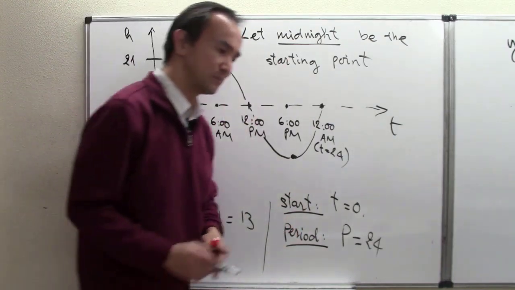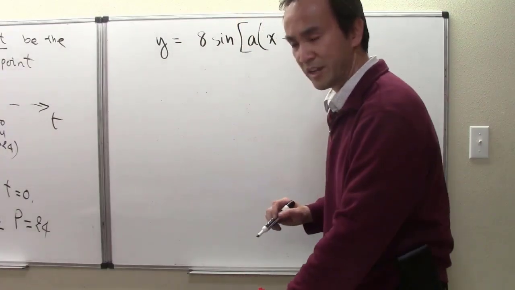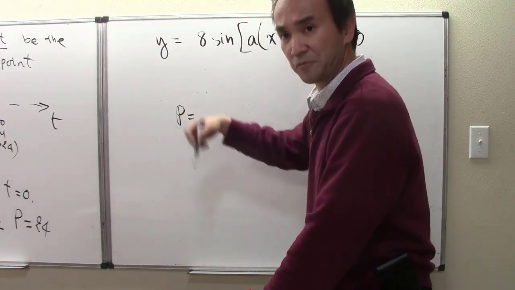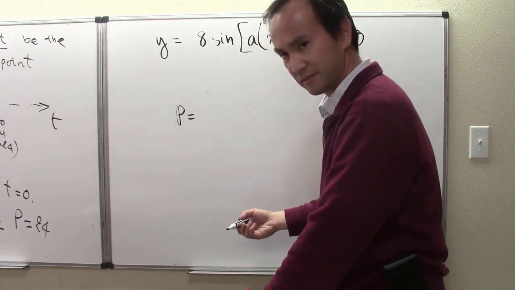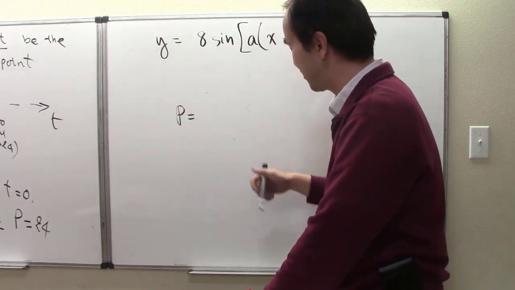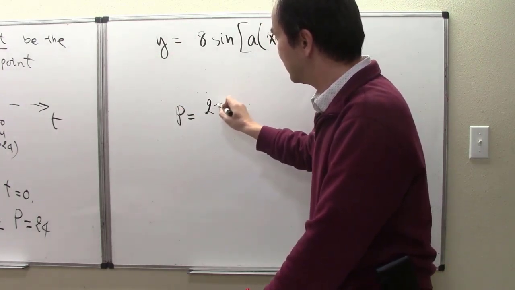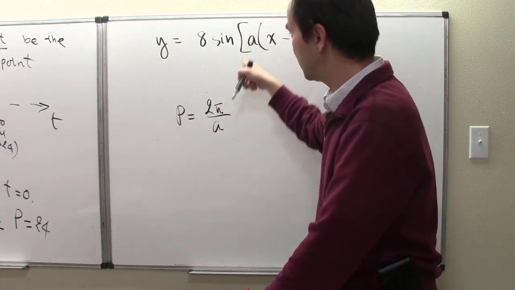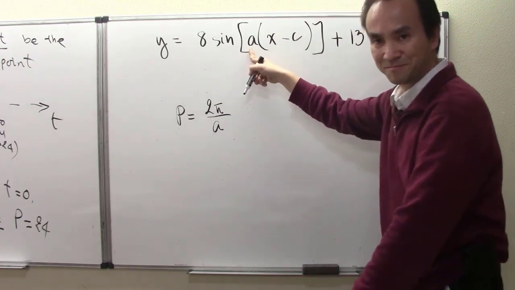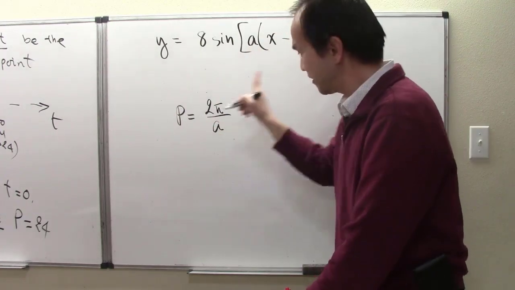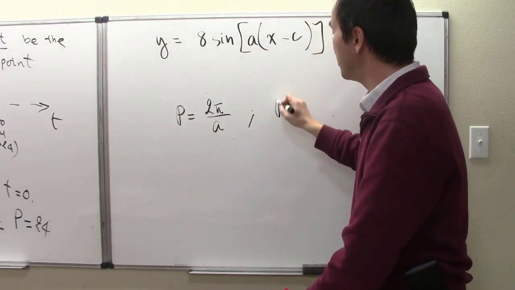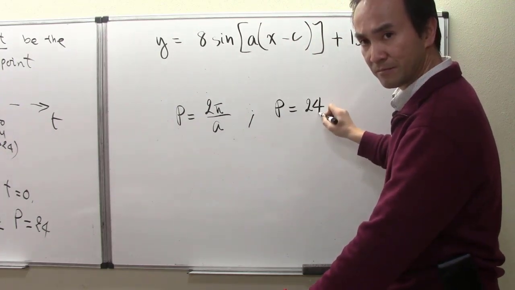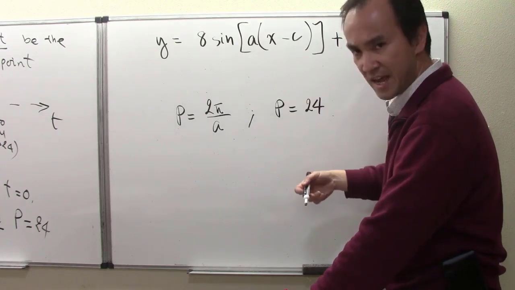Let's swing over to the other board. Period for any sine function, recall from the previous learning about the sine function, is famously 2 pi over a, the coefficient that I put here. But for our particular function, we already knew that the period equals 24. 24 hours, 24 days, or 24 whatever.